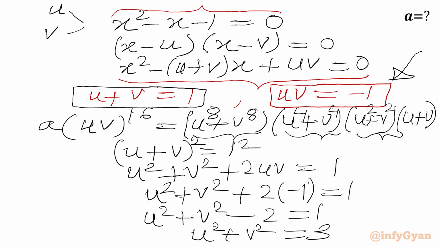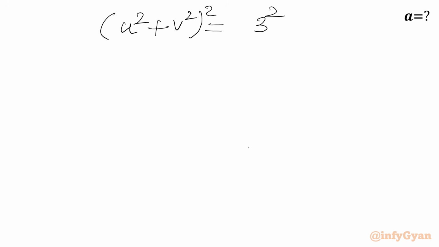Again we have to consider squaring both sides. So I will write u square plus v square equal to 3. We will put power 2 on both sides to find the value of u power 4 plus v power 4. We will write here u power 4 plus v power 4 plus 2 times u square v square, which we can write as 2 times (uv) whole square, equal to 9.